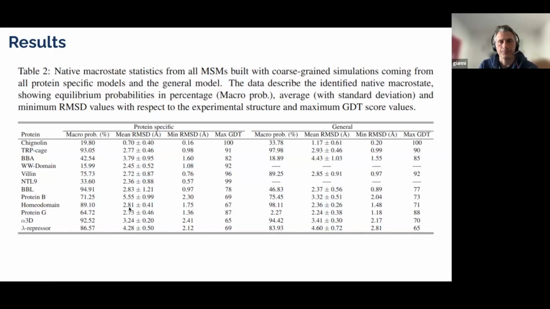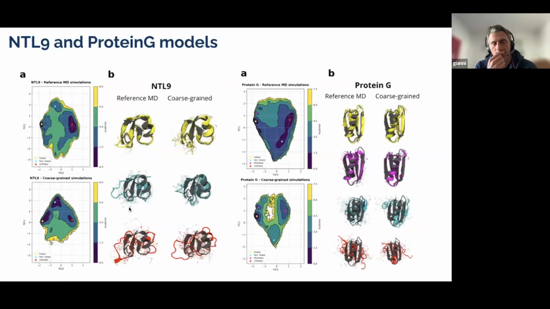But the most interesting part is that because of the way we do the training, we actually preserve the thermodynamics of the system. What we're saying is that when you run our carbon alpha model, it is identical to taking the all-atom simulations and projecting onto the carbon alpha. So you get the same energetics in the two cases.